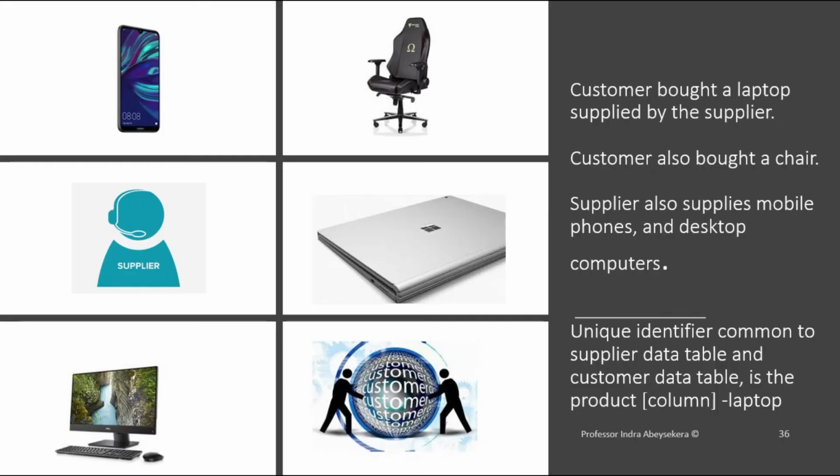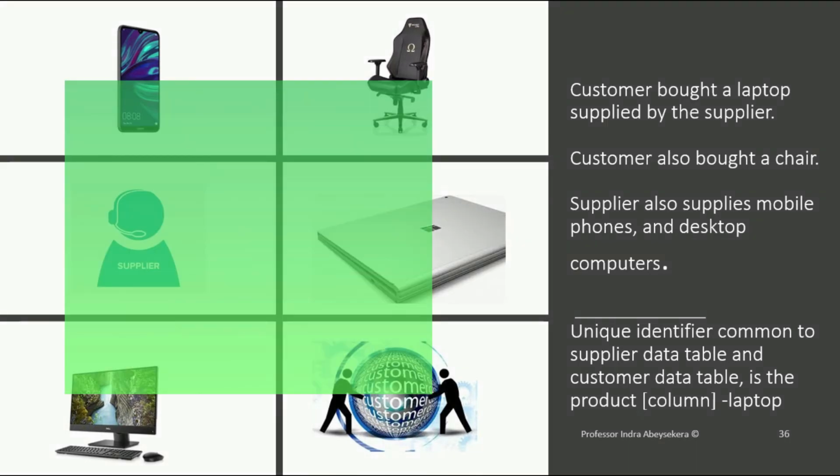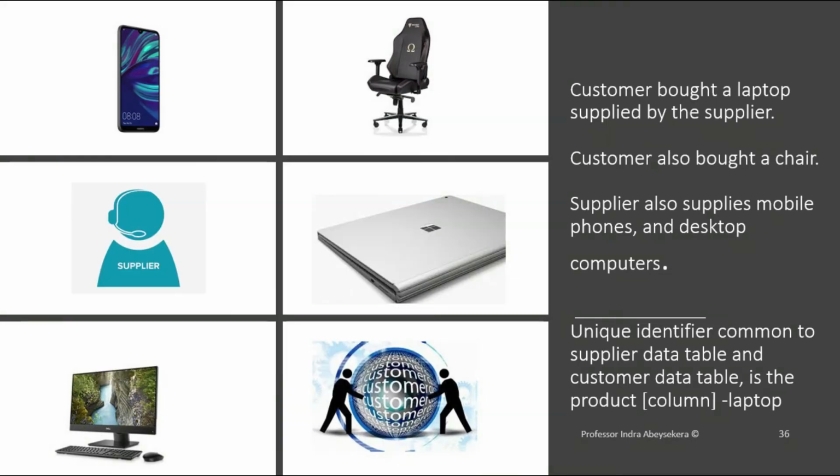So if a customer, for example, bought a laptop supplied by a supplier, and the customer also bought a chair, and the supplier also supplies mobile phones and desktop computers, here the unique identifier common to the supplier data table and customer data table is the product. Could be the laptop.